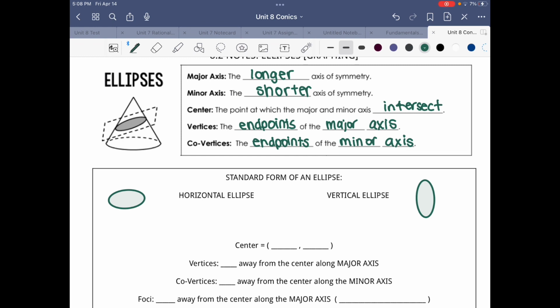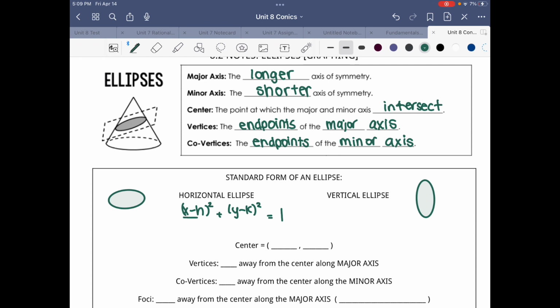For a horizontal ellipse, you're going to have (x minus h) squared and (y minus k) squared, just like we did in a circle. And it equals 1 on the other side. But instead of having the radius squared over there, it's sort of like x and y each get their own radius, since an ellipse is longer on one side than it is the other.